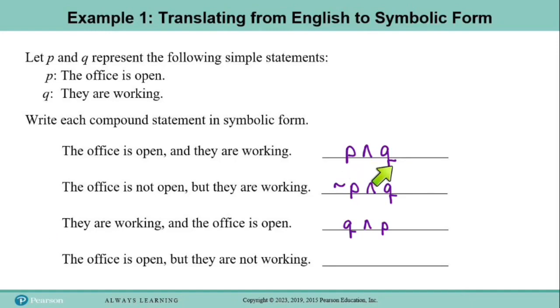So P and Q has the same logical meaning as Q and P. And then the office is open, but they are not working. So the office is open, that's statement P, but that's a logical and. They are not working, that's the negation of statement Q, so that's going to be not Q.